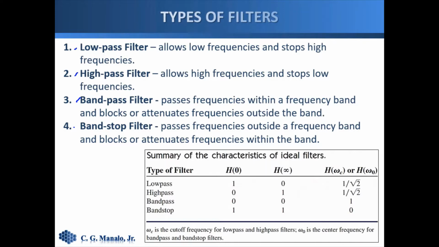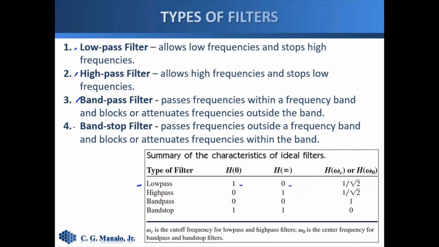We can characterize filters by their transfer functions. For example, for low-pass filters, the magnitude of the transfer function tends to go to unity for low frequencies, while it tends to become zero at high frequencies.